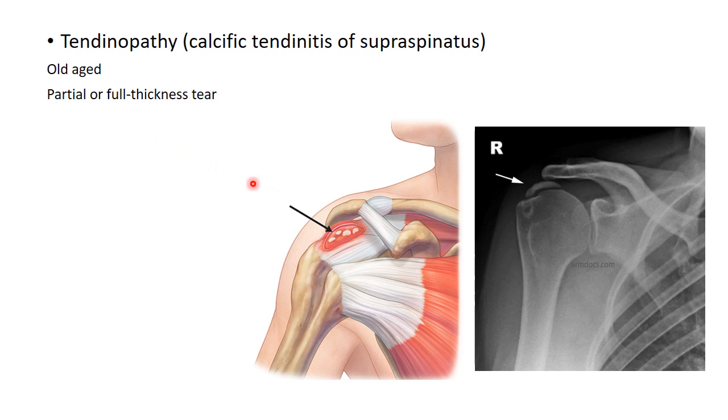This can develop complications, resulting in a partial or full thickness tear. The symptoms of the patient are constant pain. The patient cannot raise the hand above the head, especially in females; for example, the patient cannot comb her hair.